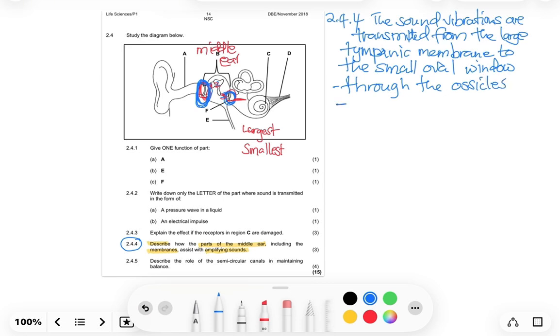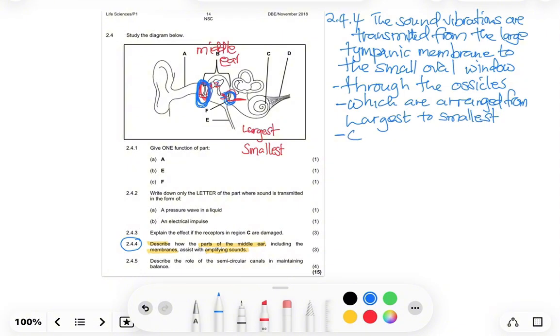And these ossicles are arranged from largest, which is the hammer, to smallest, which is the stirrup. All right. So because of this, the vibrations are concentrated.